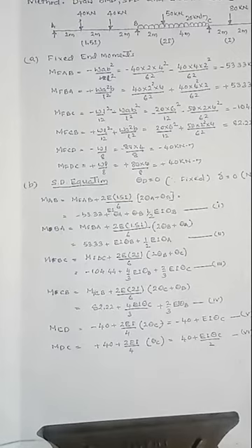Now we have to apply the equilibrium equations, the third step. The equilibrium conditions: first, at A, the summation of MA equals 0, since end A is a simply supported end.